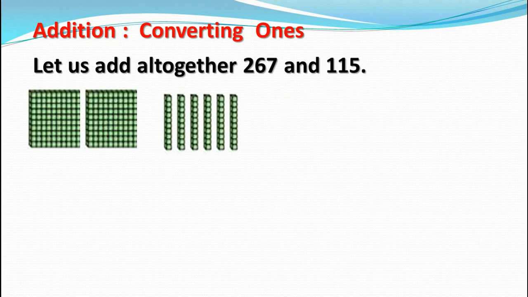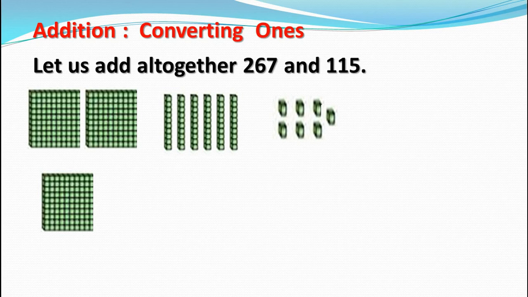And 7 blocks of ones. Then we have 1 box of hundreds, 1 block of tens, and 5 blocks of ones.